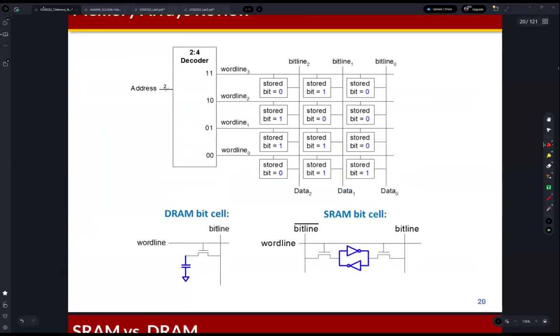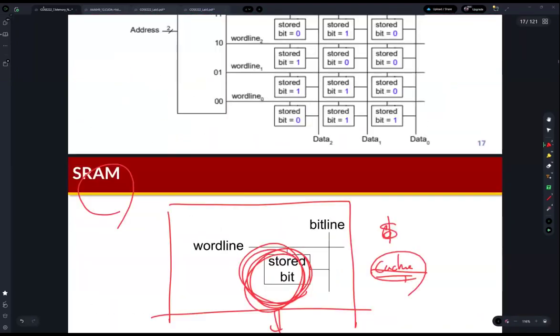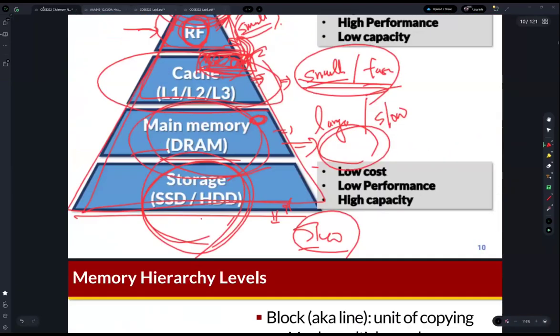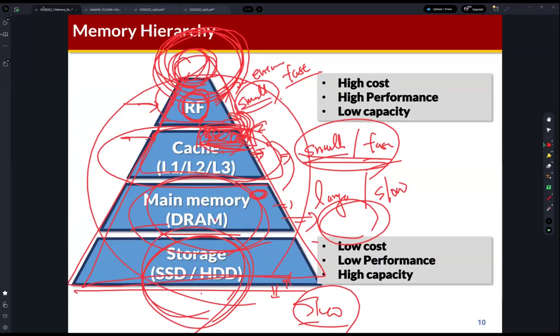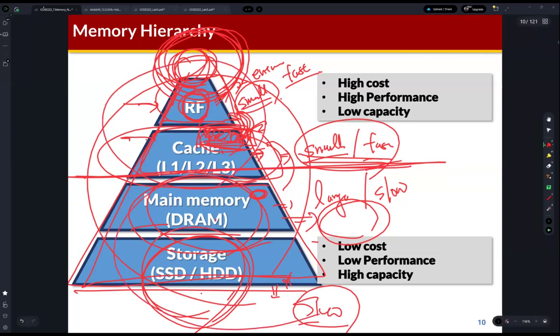So we can implement the memory hierarchy using different memory types. This is the internal, then you can use the SRAM. This is the external, then for the main memory we use the DRAM. Then for the storage we can use flash memory or magnetic disk.